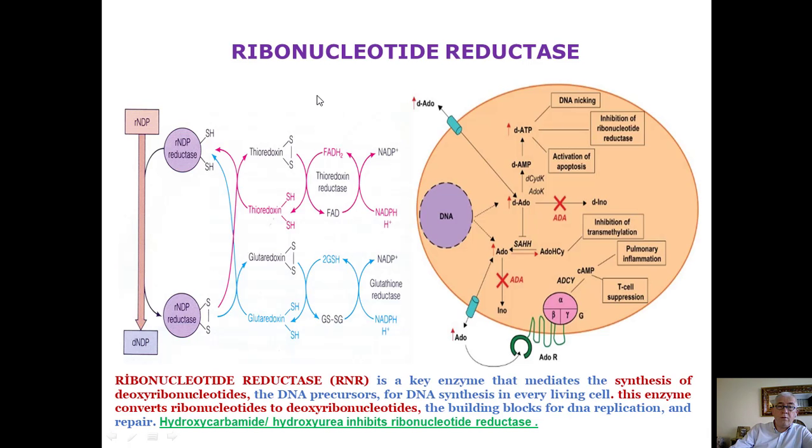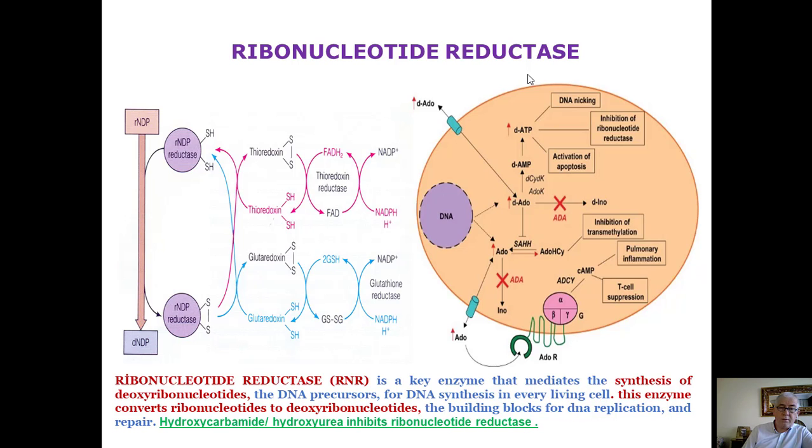And when you look at ribonucleotide reductase, we are trying to figure out how it works, because this reaction is very complex. The nucleotide diphosphate is a substrate for the enzyme and is turned to deoxynucleotide diphosphate and then deoxynucleotide triphosphate, and the enzyme must be activated again and again.